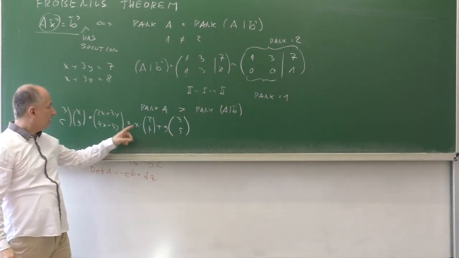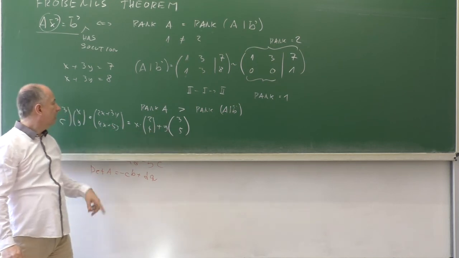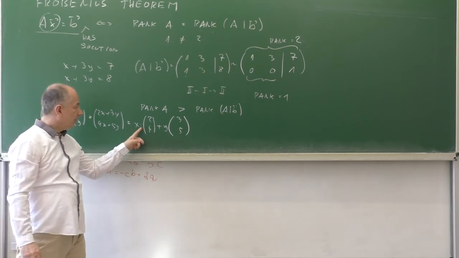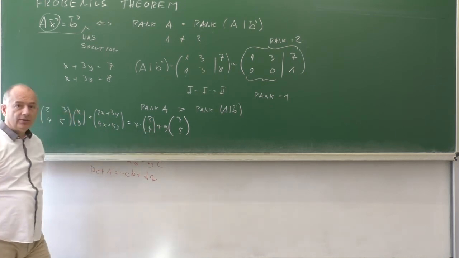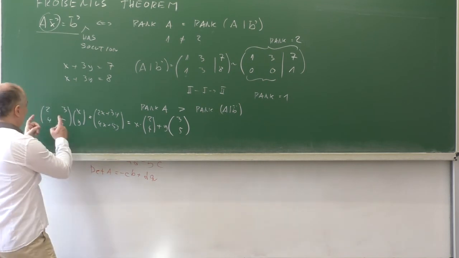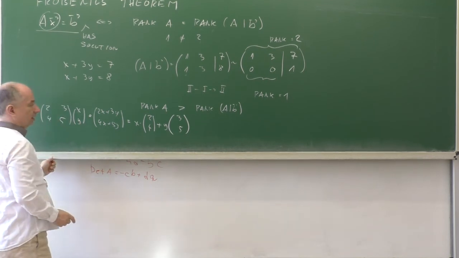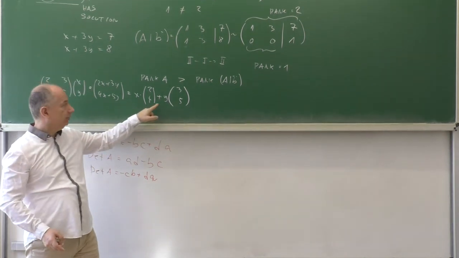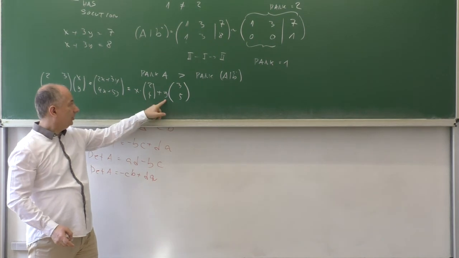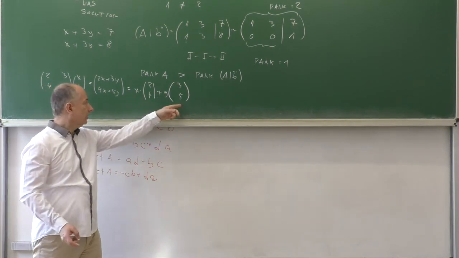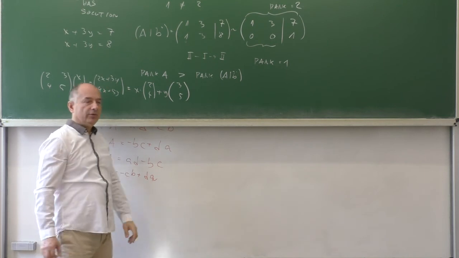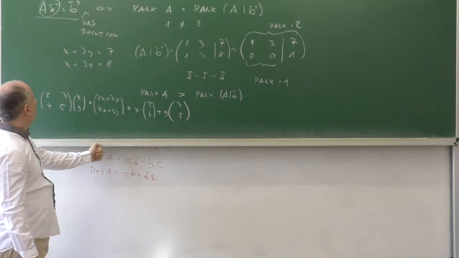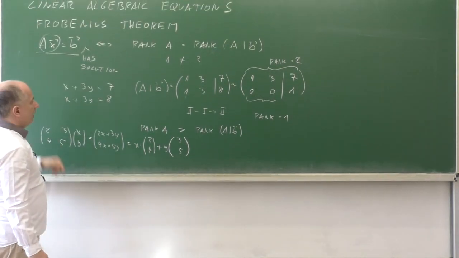Because this is 2x, 3y, 4x, 5y. And if you perform this multiplication and add, you get exactly this result. So a matrix times a column vector is a linear combination of the columns. This is the first column, this is the second column. Here you have some coefficients, and you add them. So this is a linear combination of the existing columns of the matrix. This is a very useful understanding of this expression.